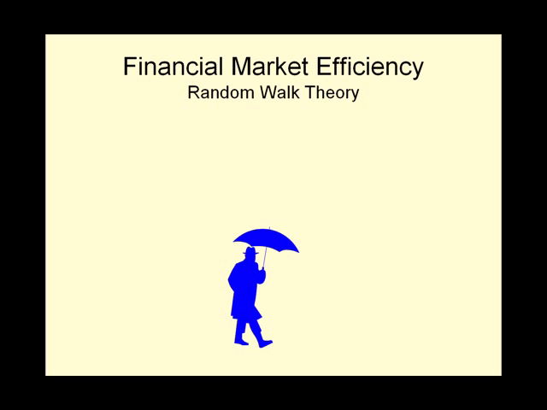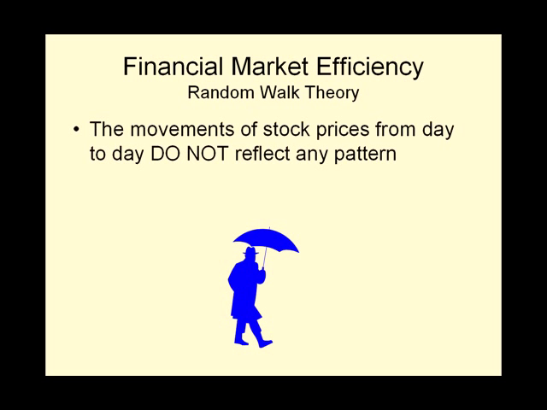Before moving to financing decision analysis, which will involve careful evaluation of market inefficiencies, let's consider the implications of financial market efficiency for financing decisions. We start with the random walk theory, which says that the movement of stock prices from day to day does not reflect any pattern.